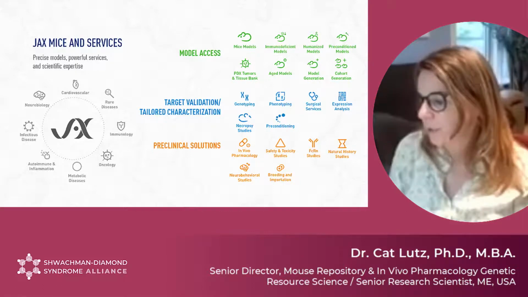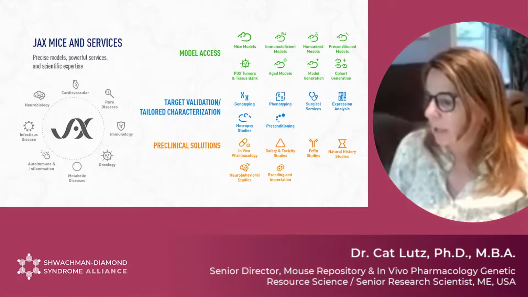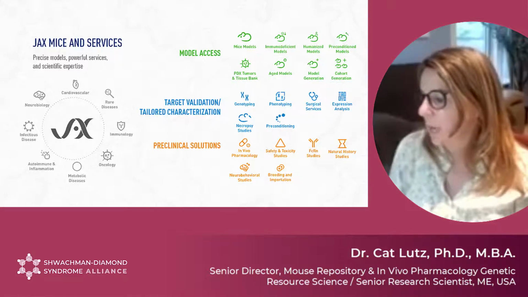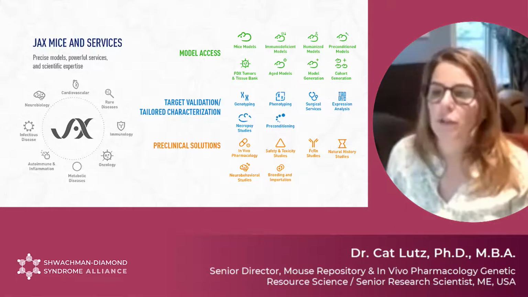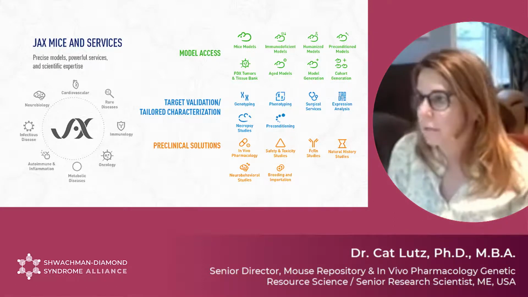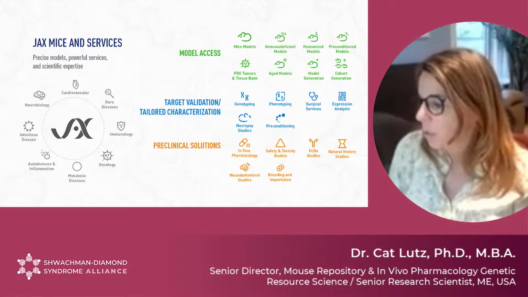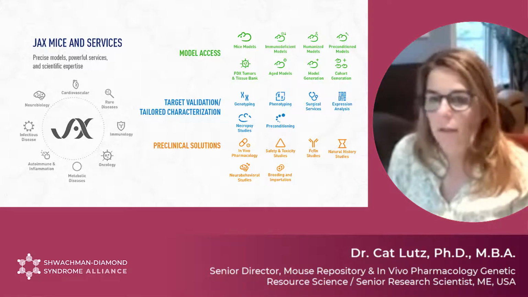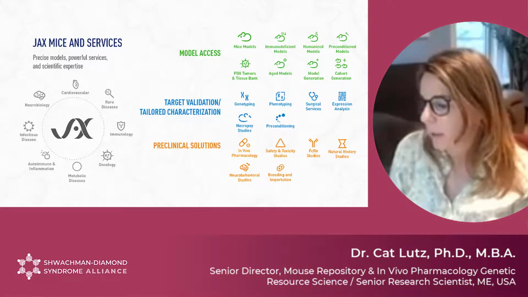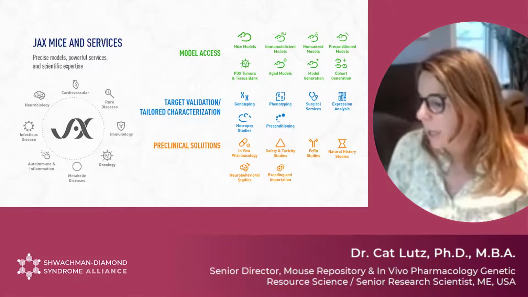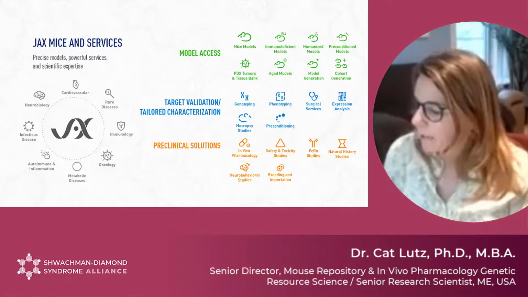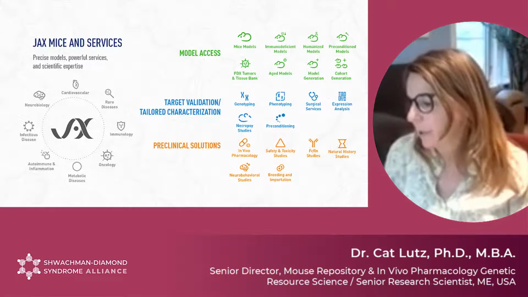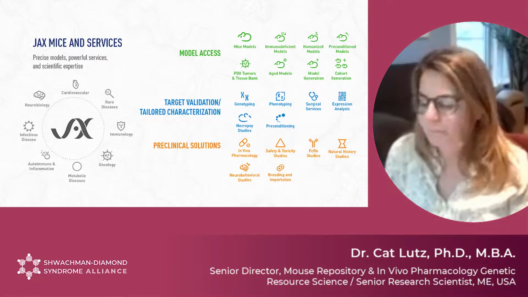But in addition to the mouse models that we have in our catalogs, we have the ability to generate these models through our model generation service, which is quite extensive. We have a really large core for CRISPR-Cas9 and other technologies with which we generate these models. And then we have phenotyping capabilities, which are pretty extensive.